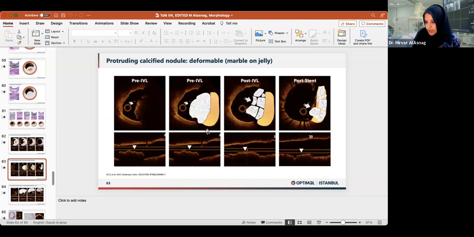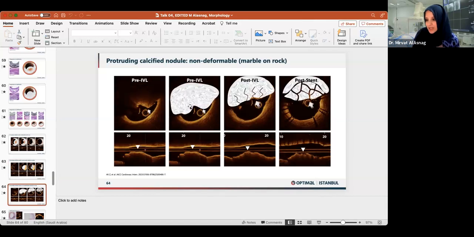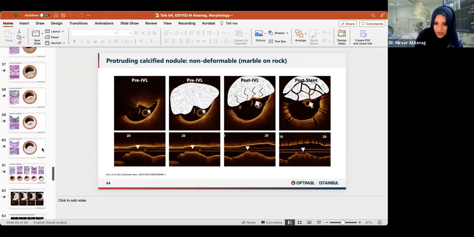So this is a soft necrotic base. Not all nodules are the same. It's sitting on a jelly-like, soft necrotic lipidic base, and so it's going to yield. This one is not. It's still sitting on a rock. So you can fracture it, but you're not going to get a lot of yield behind it. And these are the two differences.